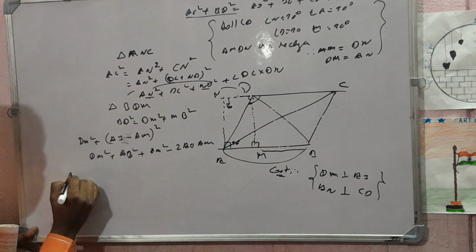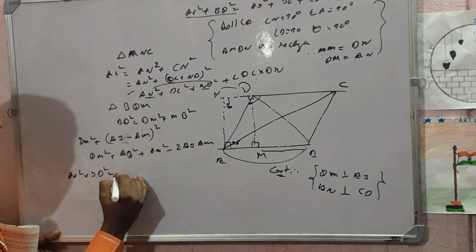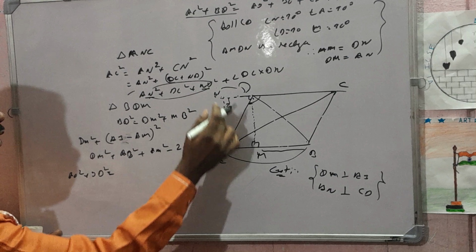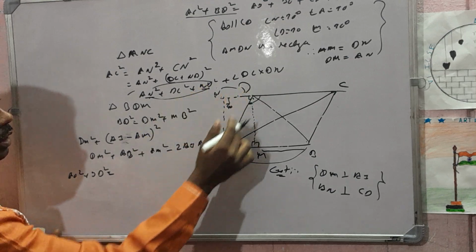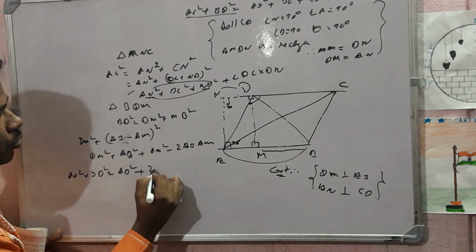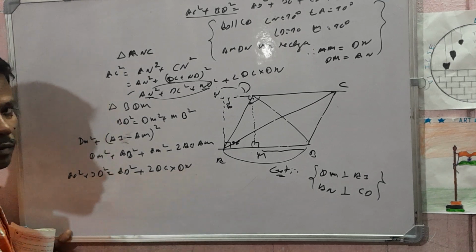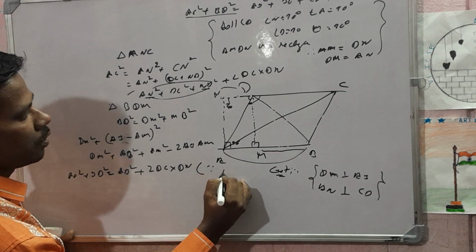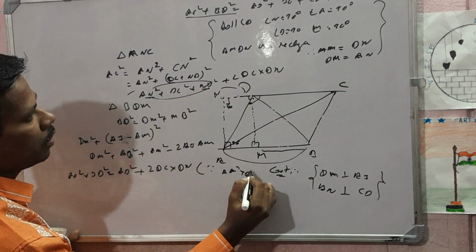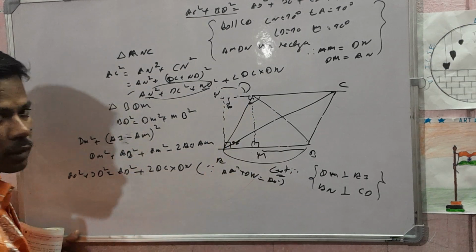So here AC square plus BD square is equal to AN square plus DN square, which is nothing but AD square, plus 2 times DC into DN.